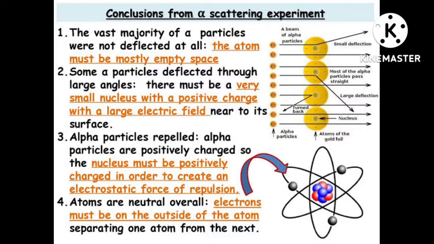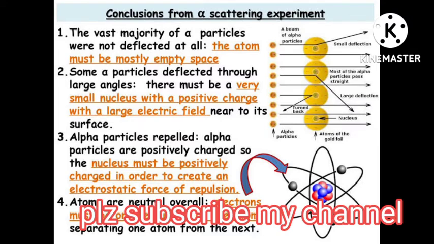Features are like this. Number one, the atom consists of a heavy and positively charged part at its center called the nucleus. Simply we can say the atom is spherical and mostly hollow. This concept is contrary to the Thomson atomic model.